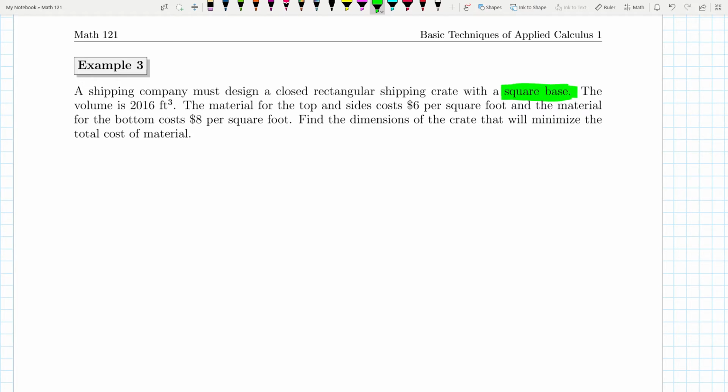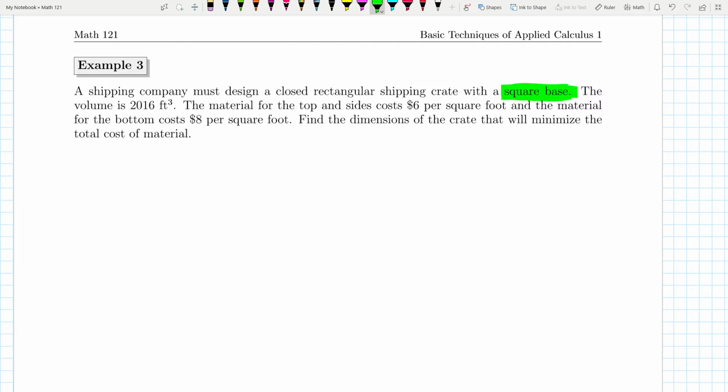The volume is 216 feet cubed. The material for the top, well, in this case, we're going to include the cost. The material for the top and the sides costs $6 per square foot, and the material for the bottom costs $8 per square foot.